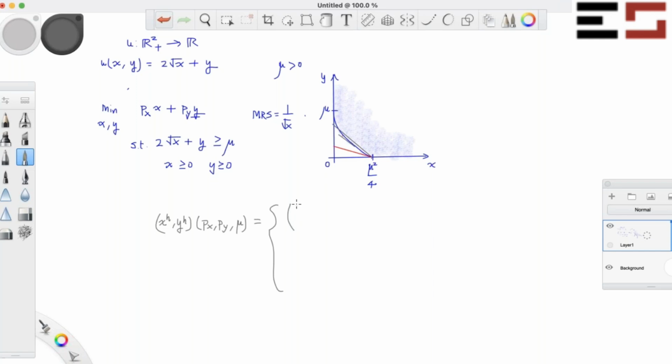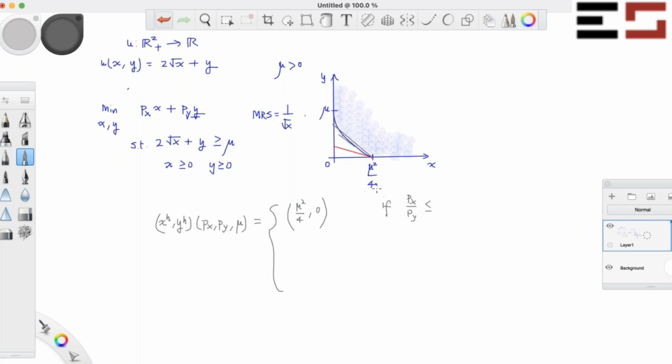This point is mu square by 4 comma 0, and this is the case if at this point the price ratio is less than or equal to the MRS, px by py is less than or equal to the MRS, which is 1 upon root x.